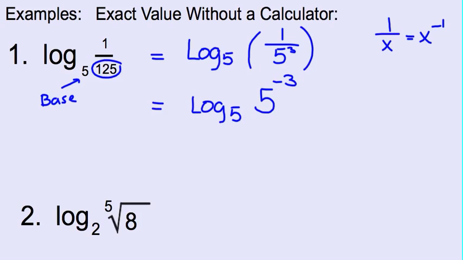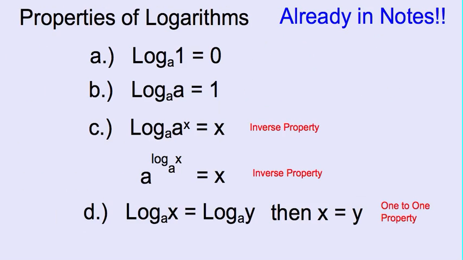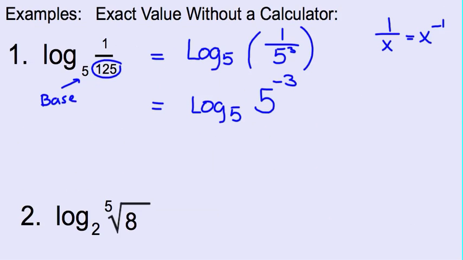Now I can use the inverse property back on this slide here. If you have a logarithm base a and an exponential base a, then you're just left with whatever that exponent is. So our logarithm base 5, exponential base 5, so our answer is going to be negative 3. So our exact value for this logarithm is negative 3.